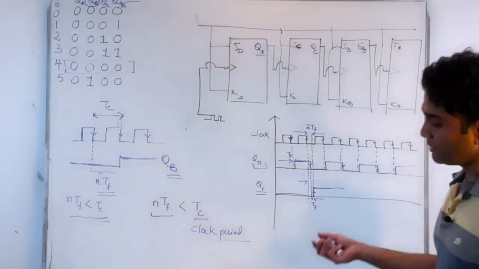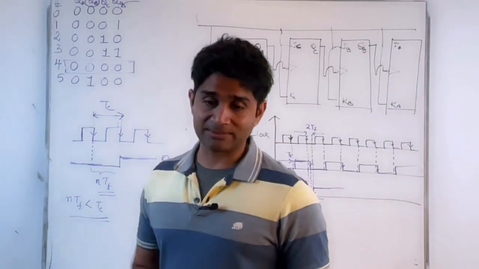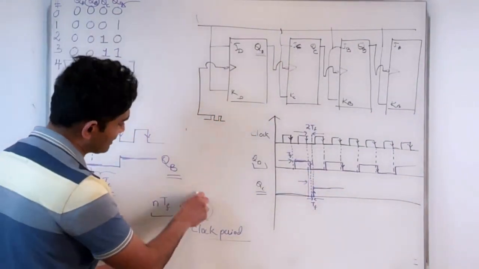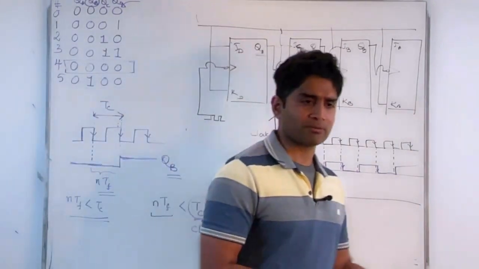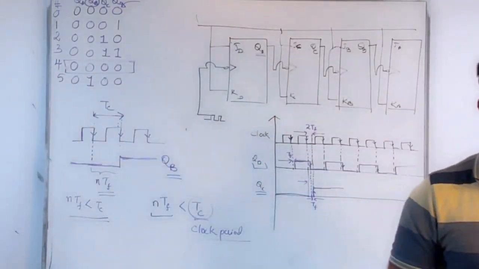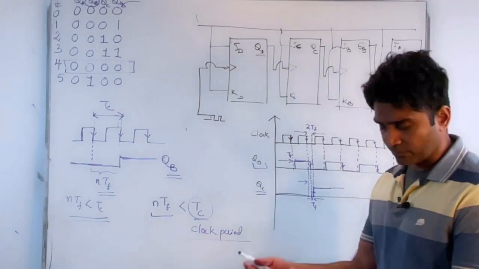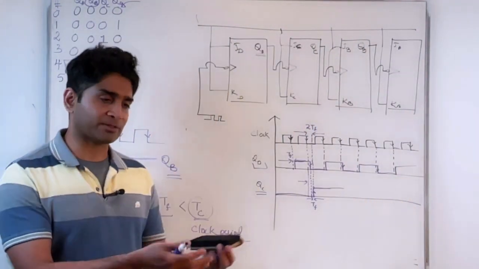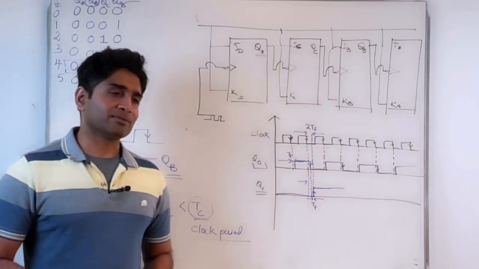Or alternatively, I design my clock signal to have a large TC value, which is not desirable, because we want my systems to work fast. I would like to work with a faster clock. I don't want to slow down my clock, which basically slows down my entire system.